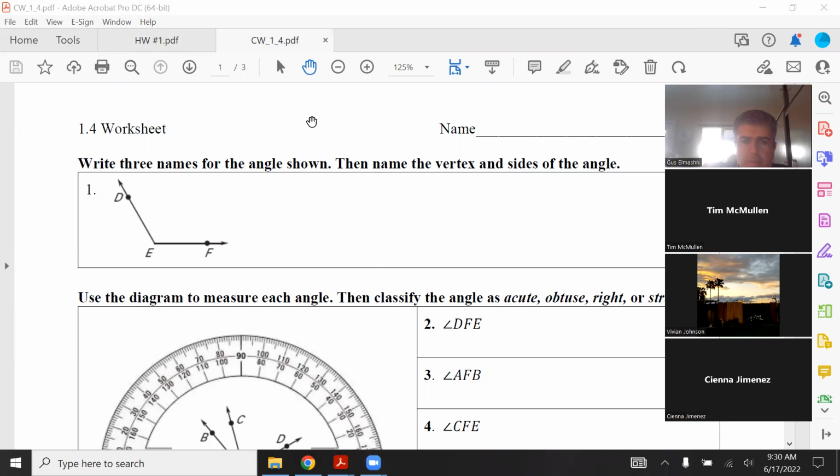So for number one here, you're asked to write 3 names for the angle shown. Name the vertex and the sides of the angle. Okay. So you could say angle E. You can call it that. You can also call it angle DEF. You can also call it angle FED.